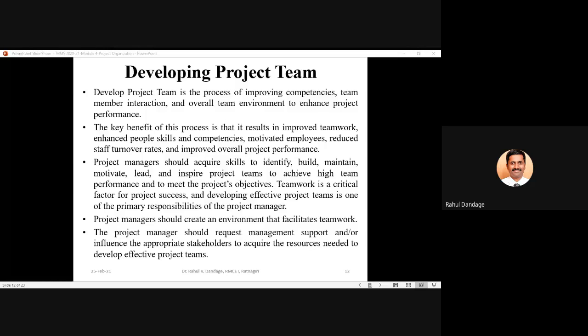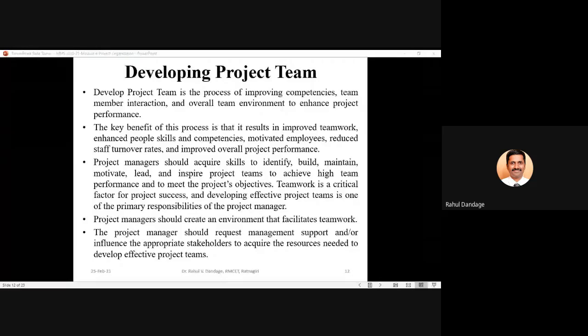That is a very difficult situation for the project manager or the higher authorities if this kind of staff turnover starts in your organization and the staff is not stable. So the development of the project team will give you the benefit that the turnover rates will be reduced and the retention of the people will be very high. And the last benefit, we can say, is that the overall project performance will be improved.